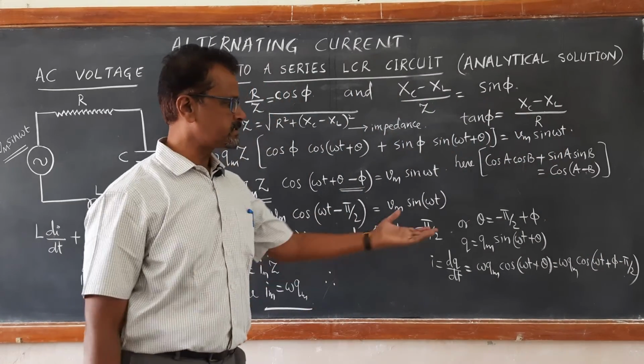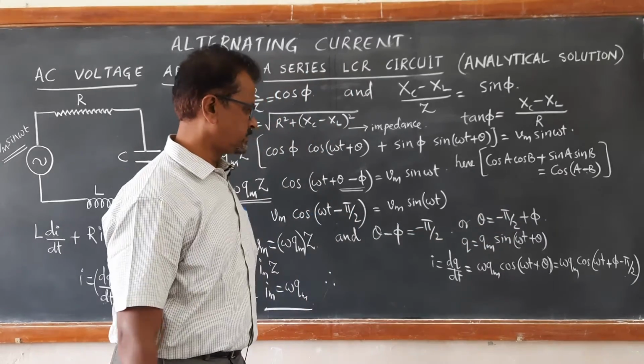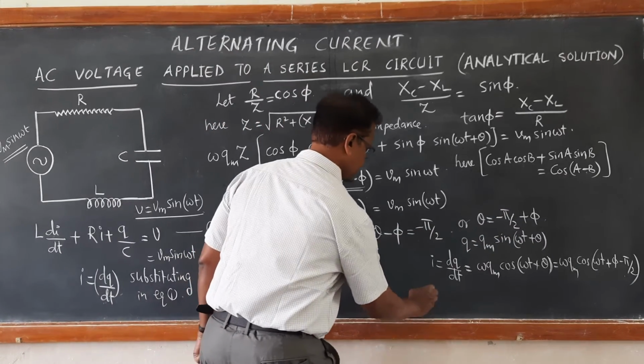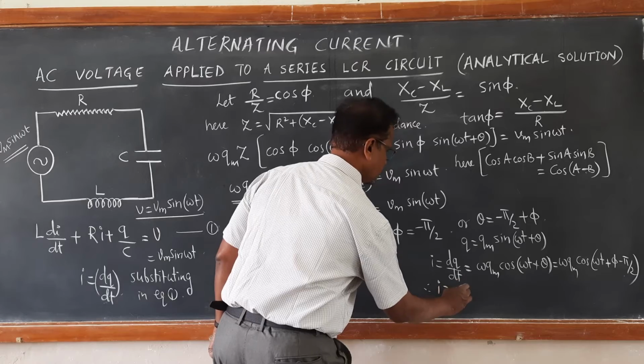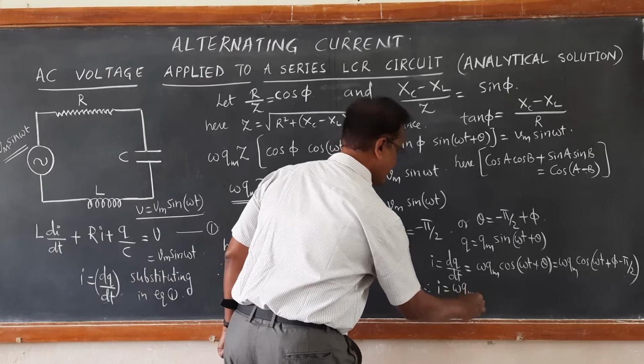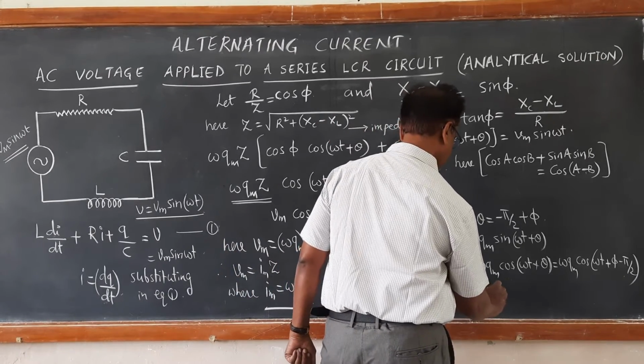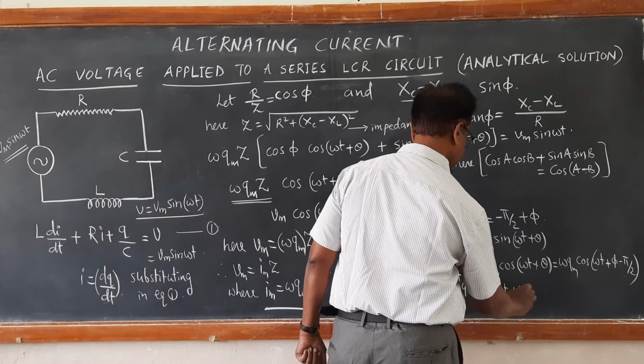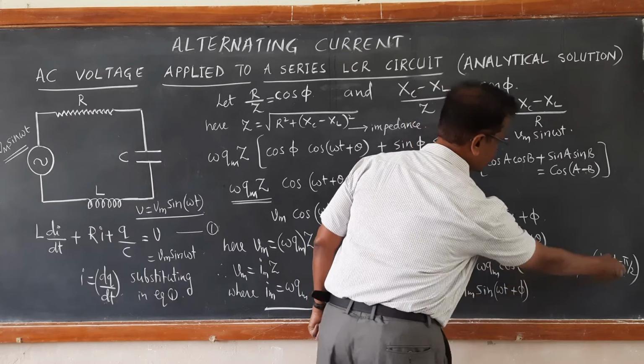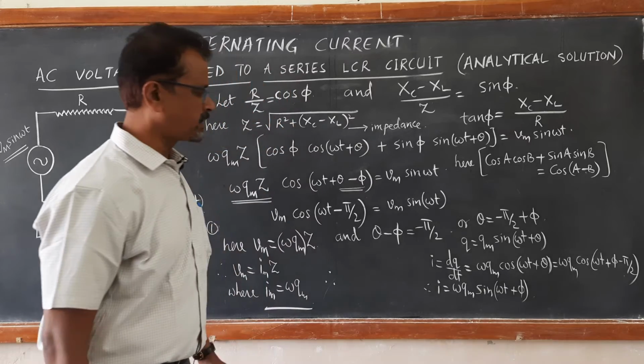So that gives us sin(omega t plus phi), right? Therefore, i is equal to omega qm sin(omega t plus phi). That is how we get the equation for current.